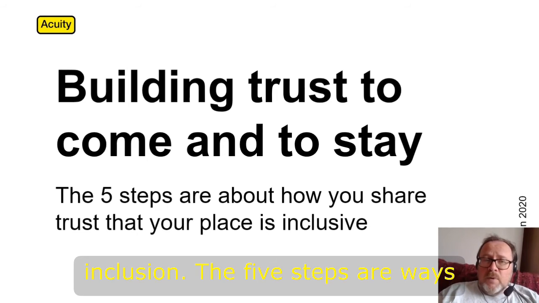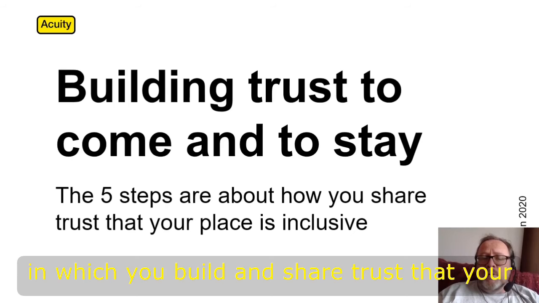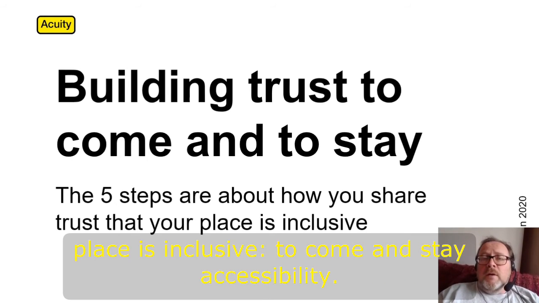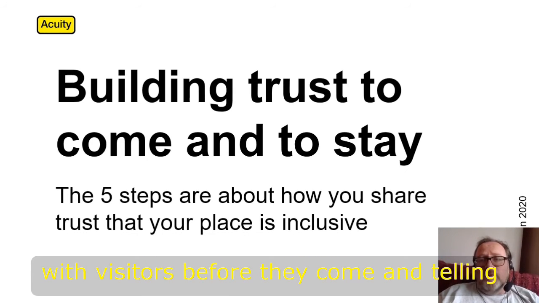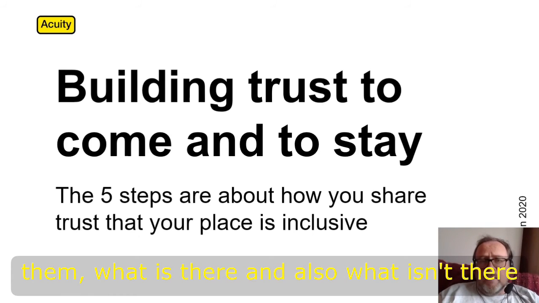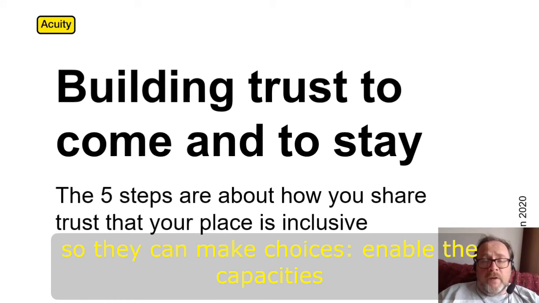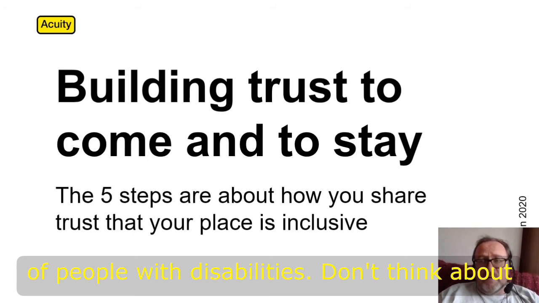And as I said at the beginning, all of the 5 steps are ways in which you build and share trust that your place is inclusive, to come and to stay. Accessibility at an absolutely fundamental level is being honest with visitors before they come and telling them what is there and also what isn't there, so they can make choices, enabling the capacities of people with disabilities.